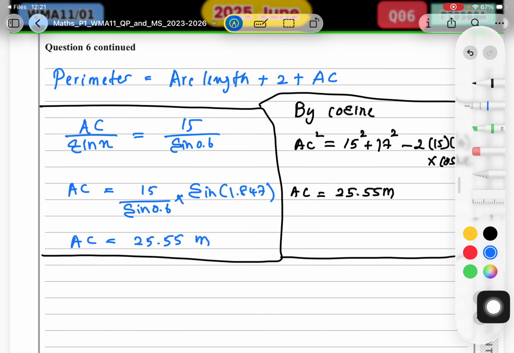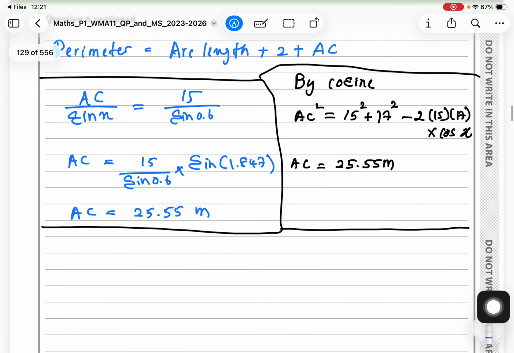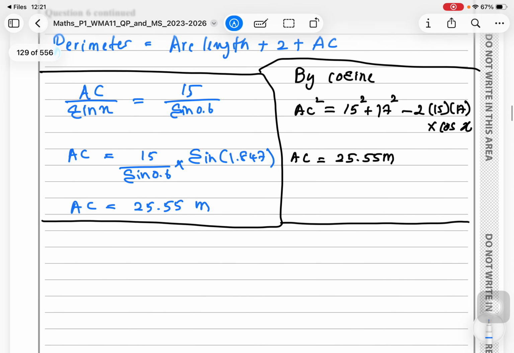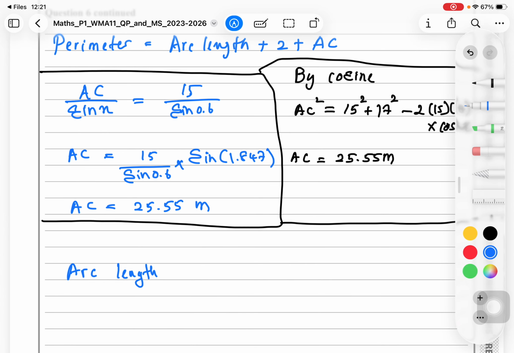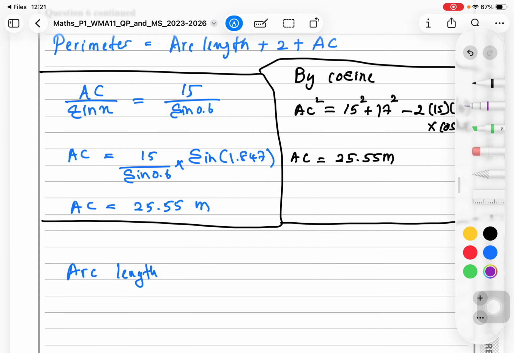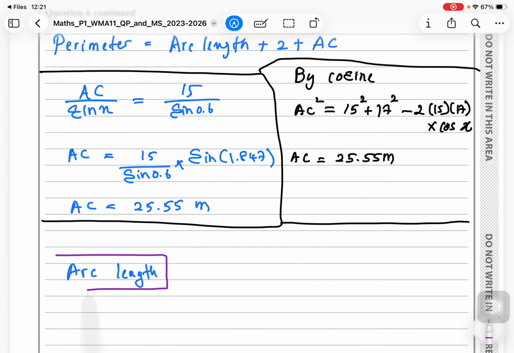Okay, now let's go. Just finding the AC doesn't help us. We need to get the arc length as well. Arc length is pretty straightforward because there's a direct formula for arc length. For arc length, it is pretty easy. That's going to be r theta.